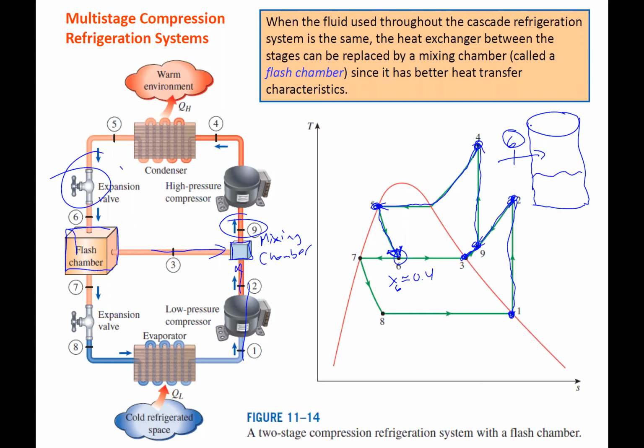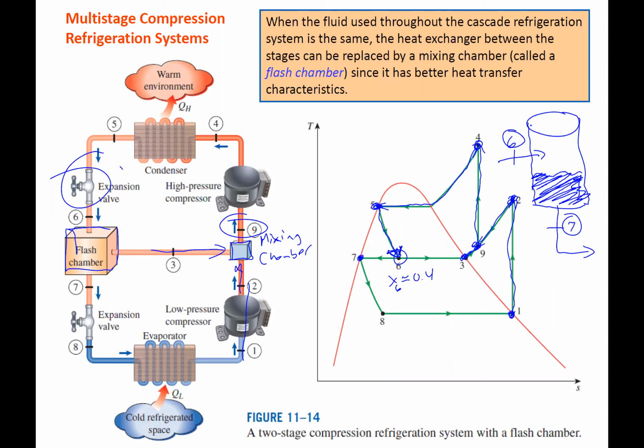If you have a quality, that means you have a mixture of saturated vapor and saturated liquid. So it's so big it settles: all the saturated liquid settles at the bottom right here, and all the vapor is at the top. So that means you can take the liquid out of the bottom, and everything leaving the bottom is a saturated liquid at 7.